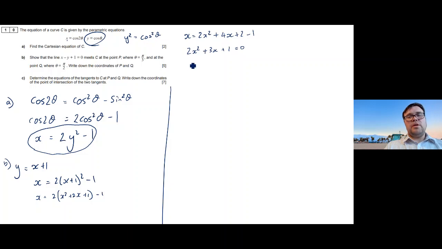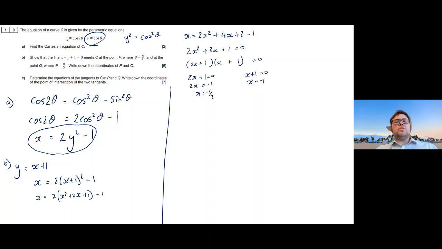And we would factorize, get that 2x and x and 1 and positive. So that gives me my 2x squared, gives me a 1, and then that's 2x and x, which is 3x with the middle term. So 2x plus 1 is equal to 0. 2x equals minus 1. x equals minus a half. x plus 1 is equal to 0. x equals minus 1. So I know my x coordinates.